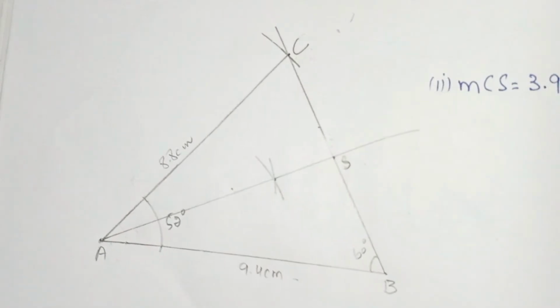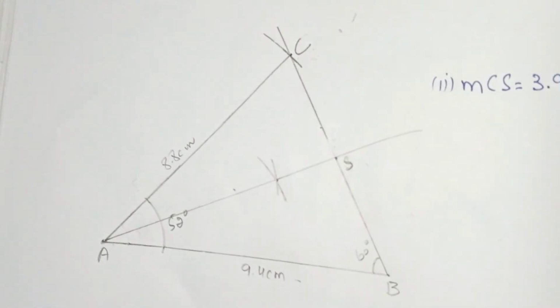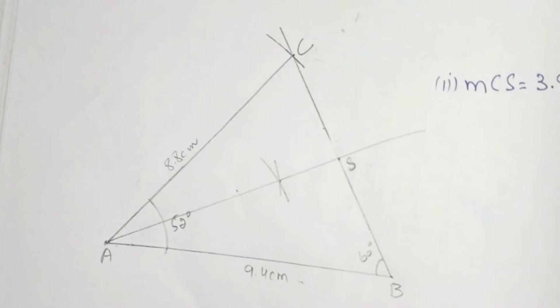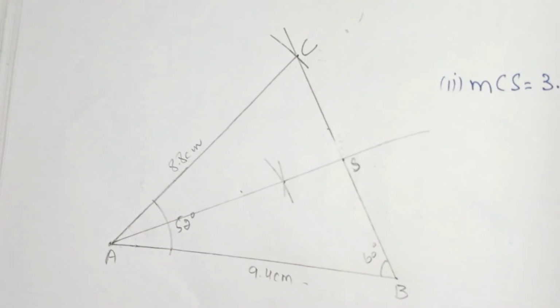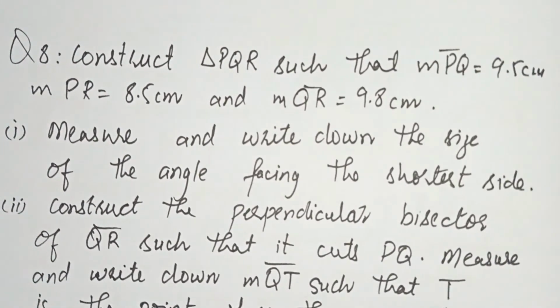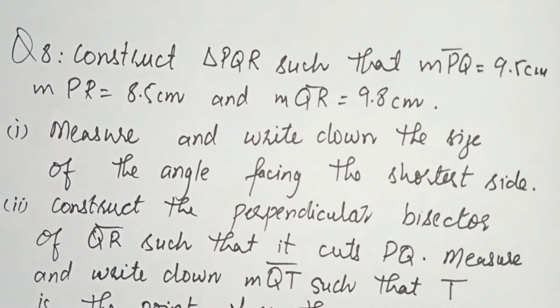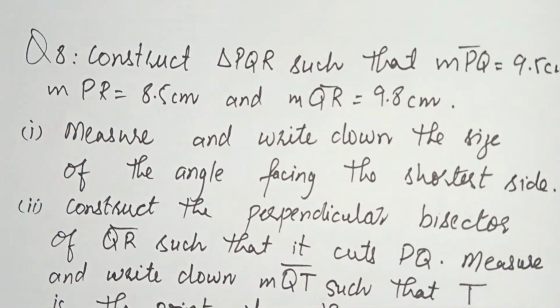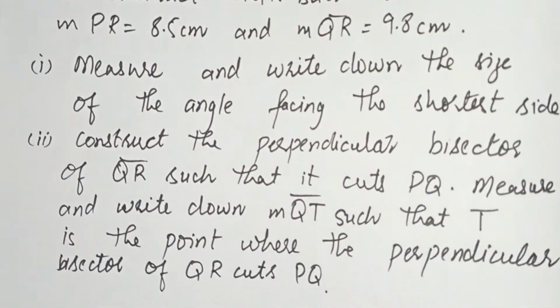You can write the construction steps same as what you have done in question number 6, and it is approximately the same. Now students, question number 8: construct triangle PQR such that measure PQ is 9.5 centimeter, PR is 8.5 centimeter and QR is 9.8 centimeter. First we draw the triangle and draw the line 9.8 centimeter with the help of the ruler.